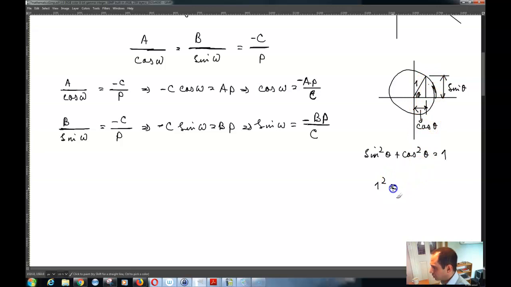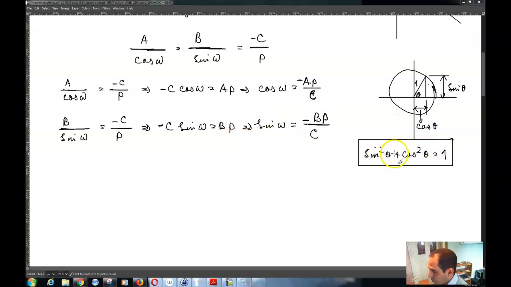So 1 squared is equal to cos squared theta plus sine squared theta, which means sine squared theta plus cos squared theta is equal to 1. That's one of the very basic and fundamental things in trigonometry. From this, you usually derive all of the other formulas.